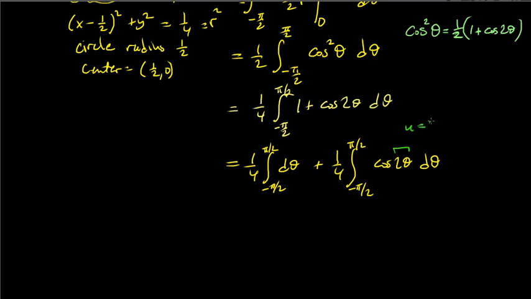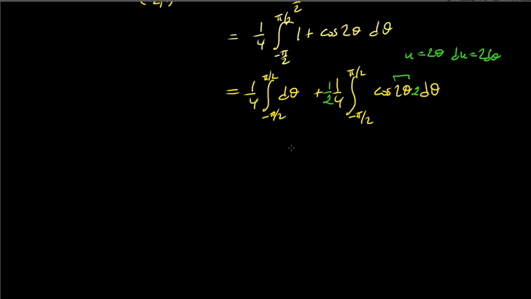u is just going to be 2 theta, so du is 2 d theta. So we need to multiply by 2 and divide by 2. And that will transform this into 1/8 the integral of cosine of u du.